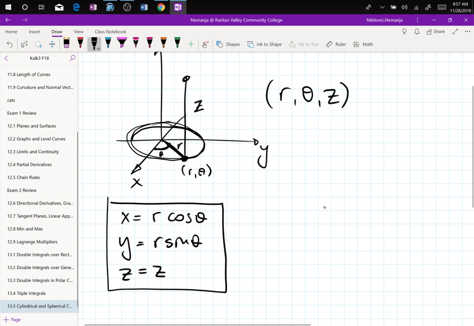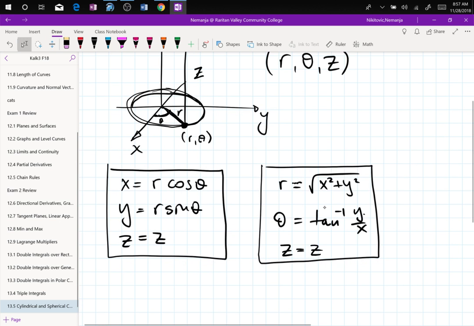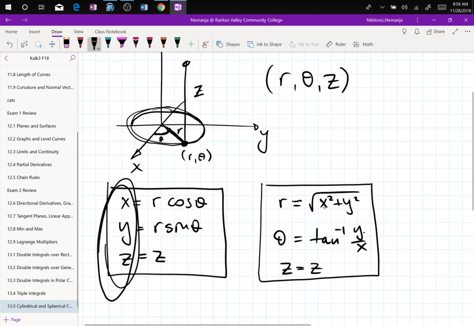On the other side, r is equal to the square root of x squared plus y squared, theta is the inverse tangent of y over x, and finally, z equals z. So these were the conversions that connect the rectangular coordinates x, y, z to cylindrical coordinates. Cylindrical coordinates are simply z added on top of polar, and we are done.